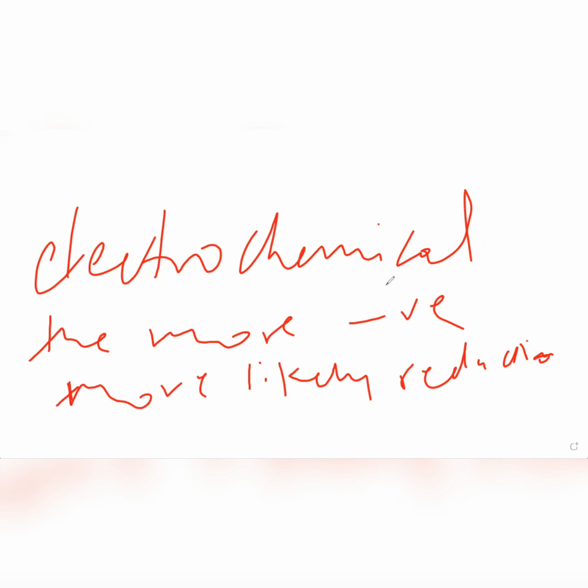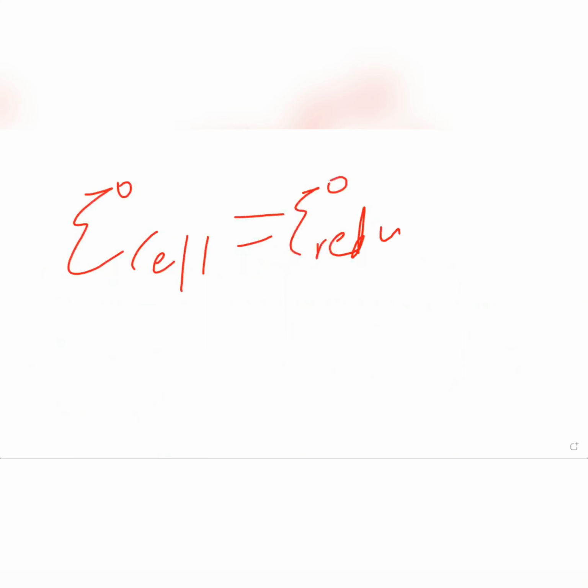Now, these electrode potentials may be used to calculate the E naught of a cell. So you can be given a cell where two species are together and you have to calculate the E naught of that cell, right? And the E naught of a cell is equal to the E naught for reduction minus the E naught for oxidation. Let me just put "oxy" for that one.